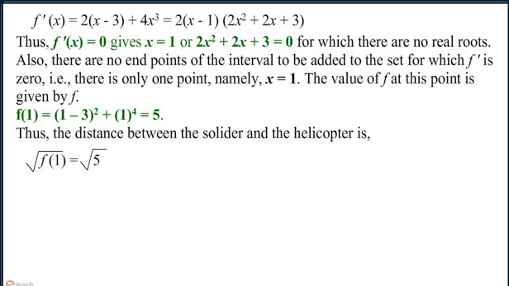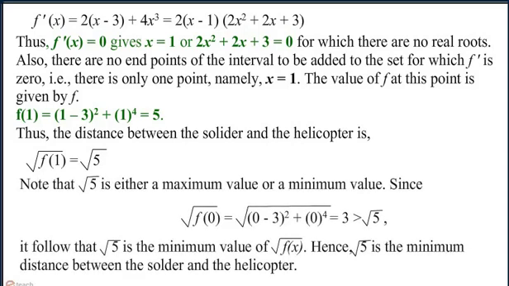The value of f at this point is given by f of 1, which is equal to 5. Thus, the distance between the soldier and the helicopter is root over f(1), that is root 5. Note that root 5 is either a maximum value or a minimum value.